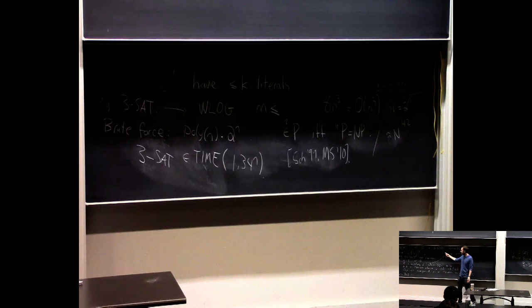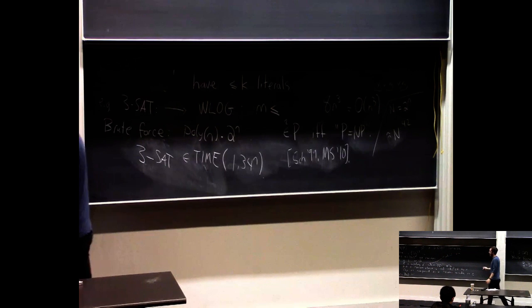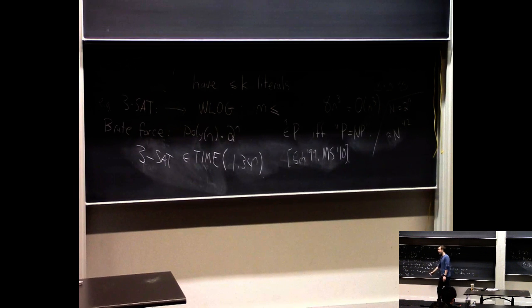And you do that big loop many times, but not as many as 2 to the n. You do it like 4/3 to the n times. And all this work is about 4/3 to the n times n squared times poly n, so it's just 4/3 to the n times polynomial in n. If after all that work you still don't find a satisfying assignment, then you just say, you know what, I think it's not satisfiable at all.